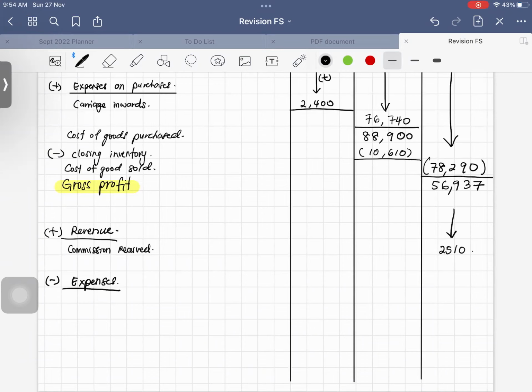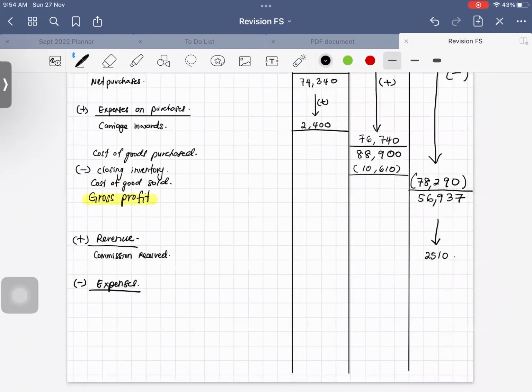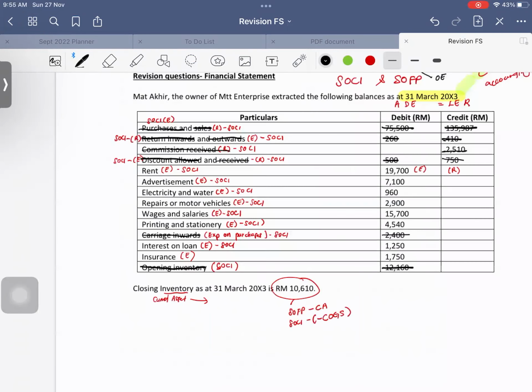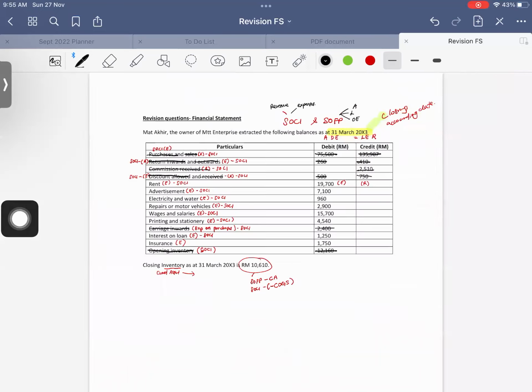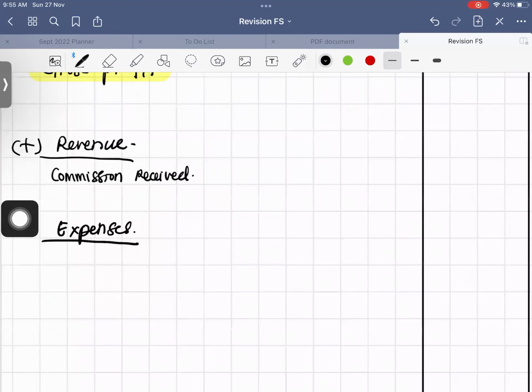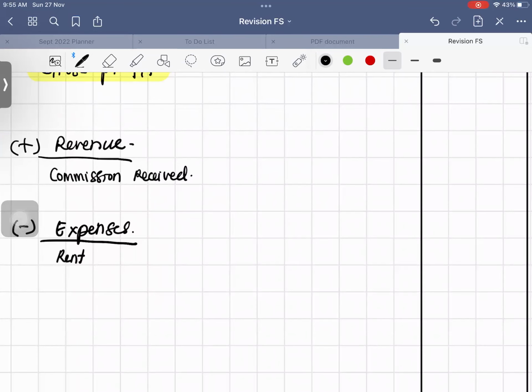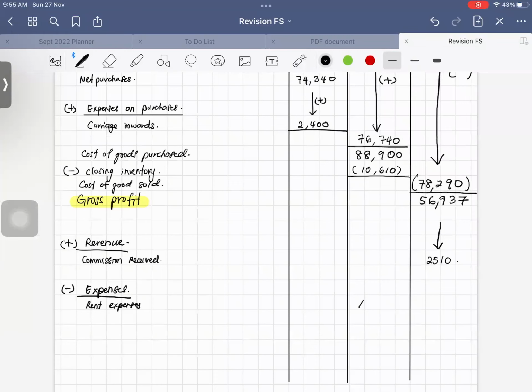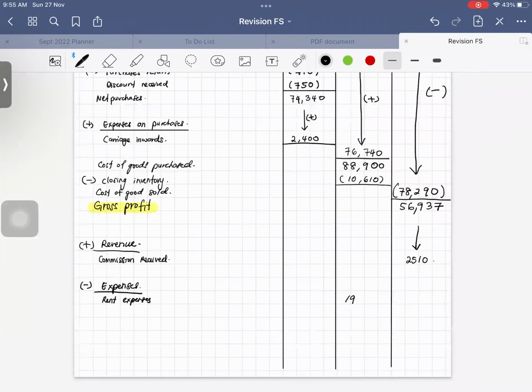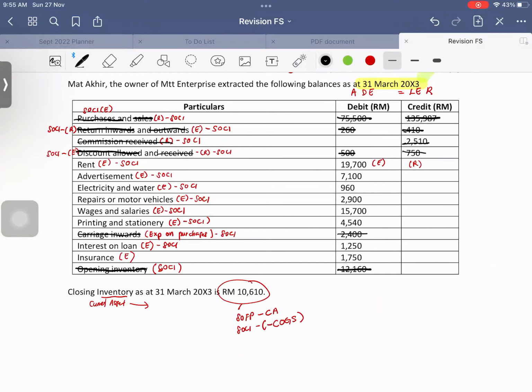Okay, so now you listkan all of the expenses that you have already identified in trial balance. So ada apa? Listkanlah semua. Macam ni, rent expenses 19,700. Okay, tulis satu-satu.